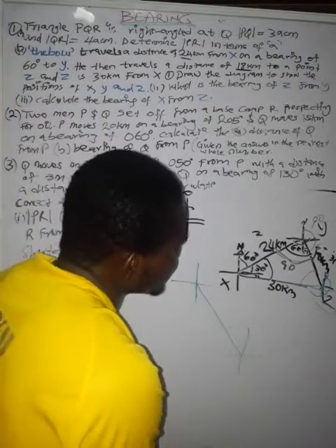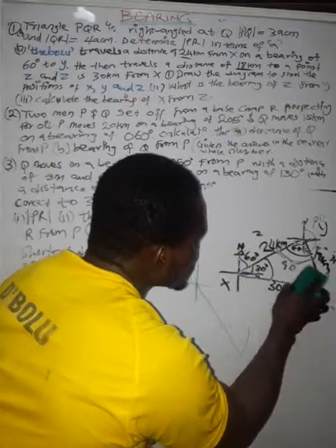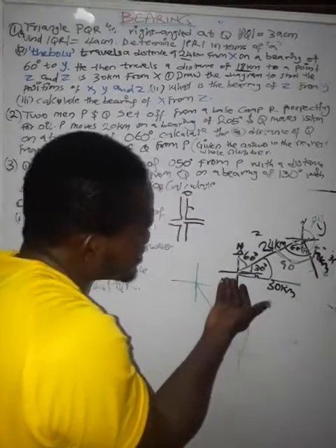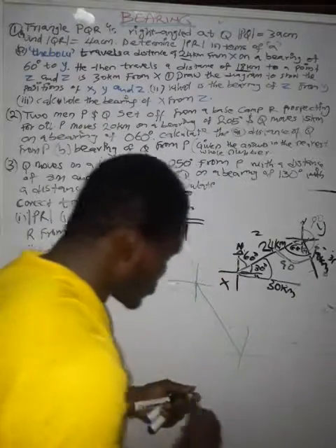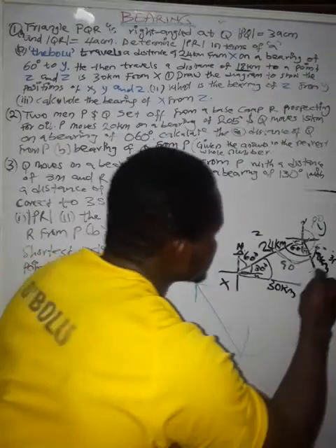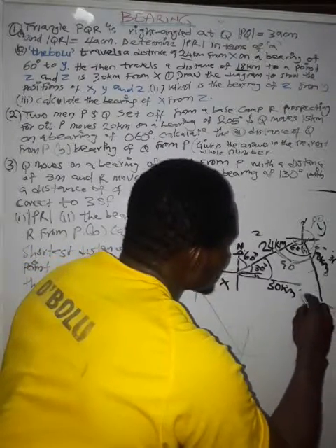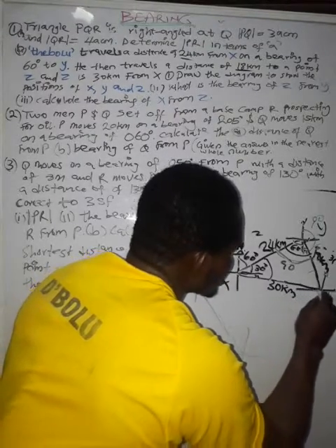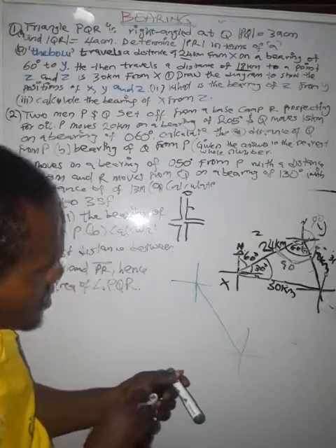Let me draw this place very well. Because this place is lower than this place, this one cannot be touching it under. Since we are having something like this, this one will also come and touch it from here. So we'll get the answer now.